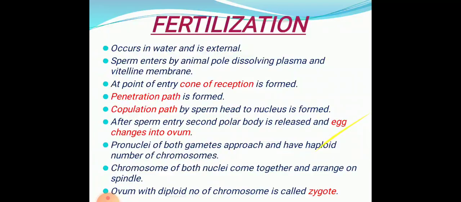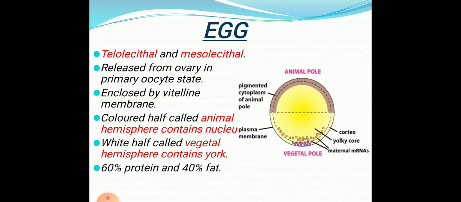So this is the structure of the egg. Just once again we are going to revise. The egg is spherical in shape, and it is telolecithal as well as mesolecithal, released from the ovary, and enclosed by three membranes.